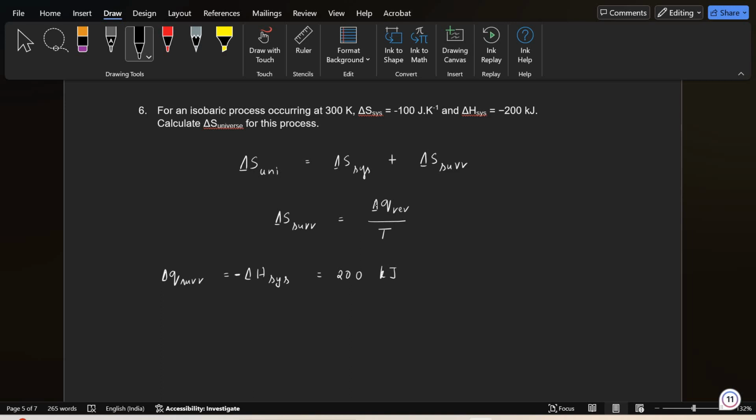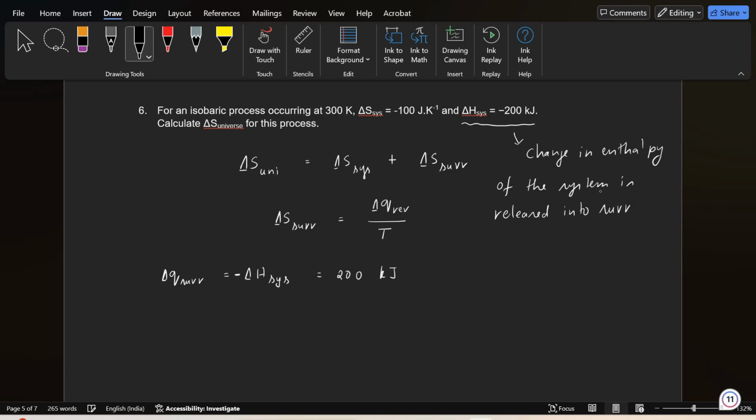Sir, can you explain again? So what we are going to say is that the change in enthalpy of the system is released into the surroundings as heat.